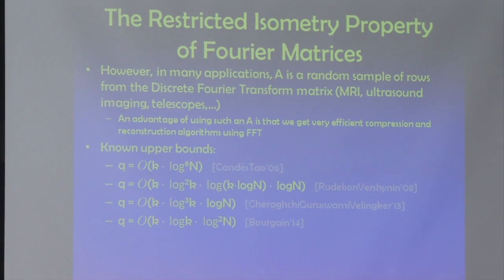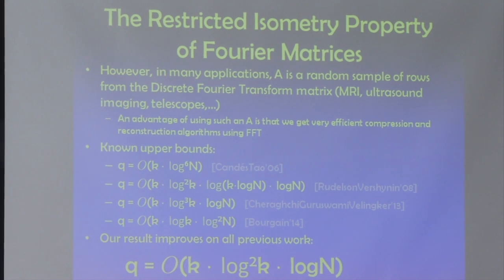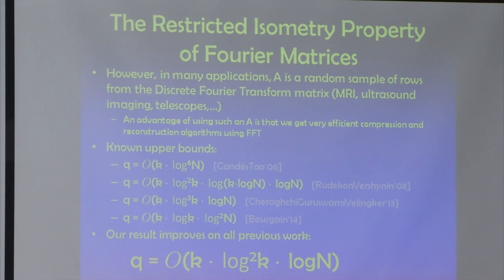This was improved later by Rudelson and Vershynin, then by Cheraghchi, Guruswami, and Velingker, and more recently by Bourgain. Those last two results were the best known, and they're incomparable because one has a better exponent on the n, the other a better total exponent. What we show today is a slightly better bound that improves on all those results: k log squared k log n.